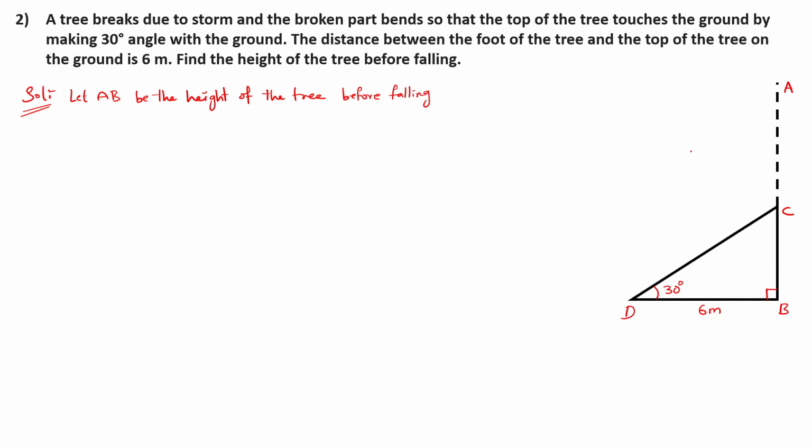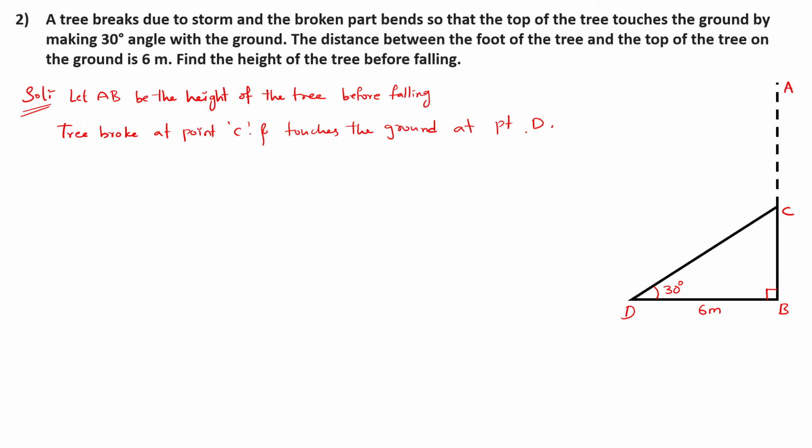So AB is the height of the tree before falling down. Next, let the tree broke at point C. Consider that at point C the tree broke and touches the ground at point D.